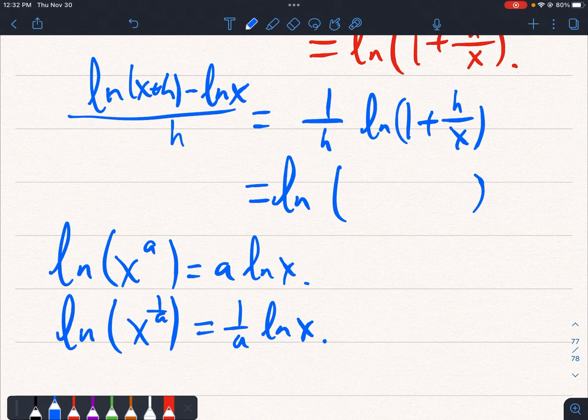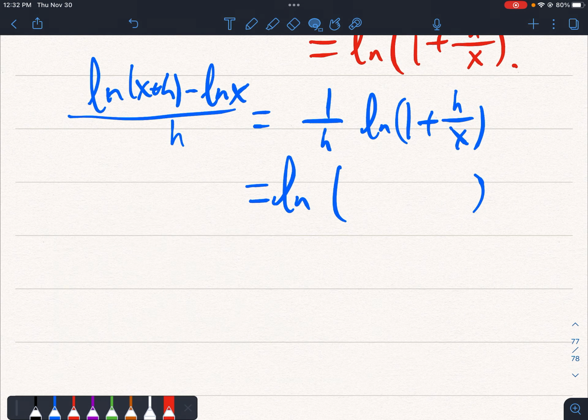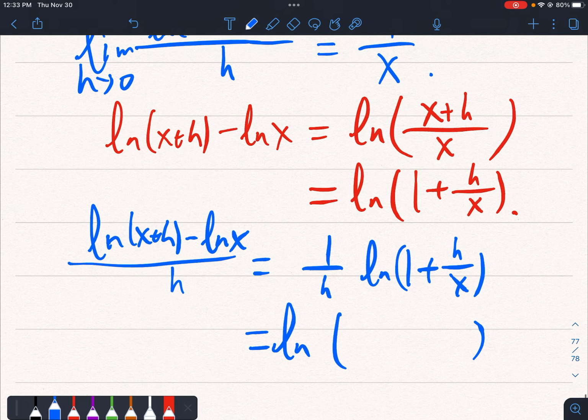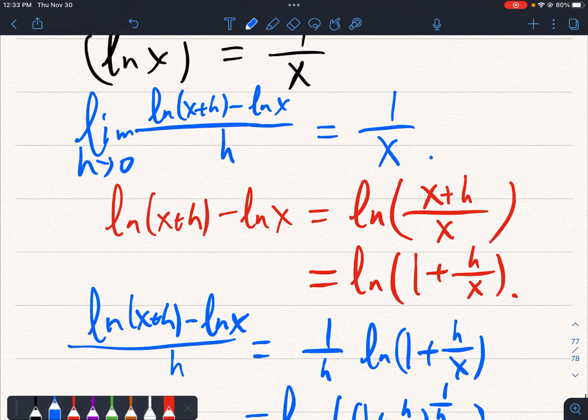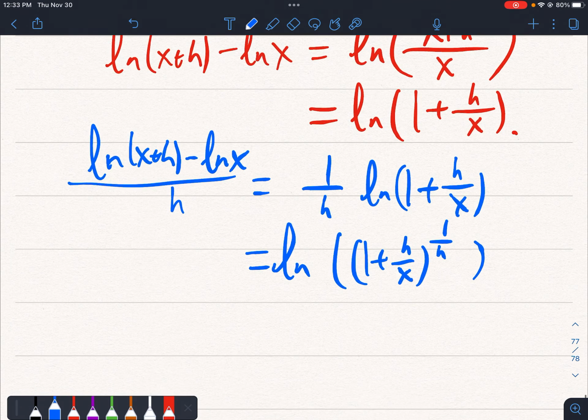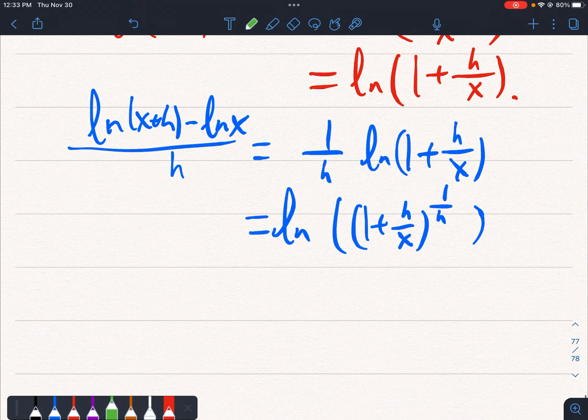Or if it's ln of x to the power of 1 over a, then this is equal to 1 over a times ln of x. You have all these rules. So if you use it here, this is ln of 1 plus h over x to the power of 1 over h.